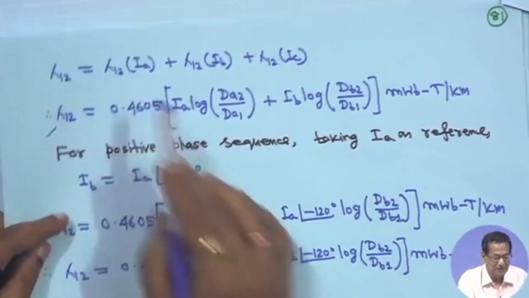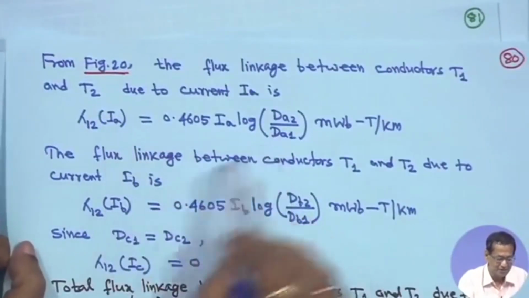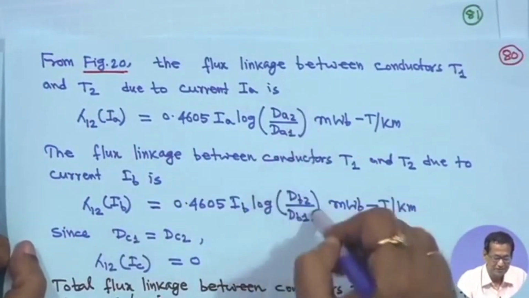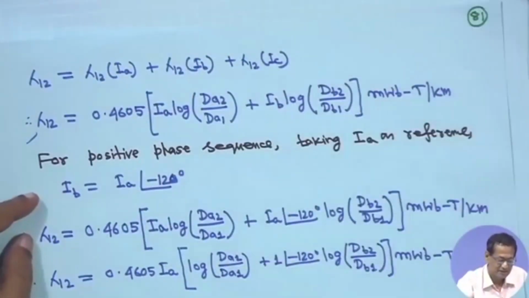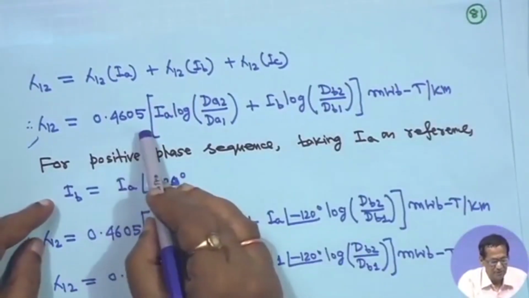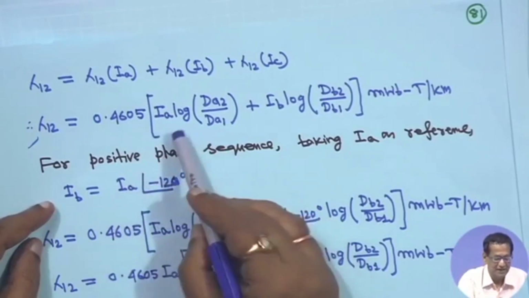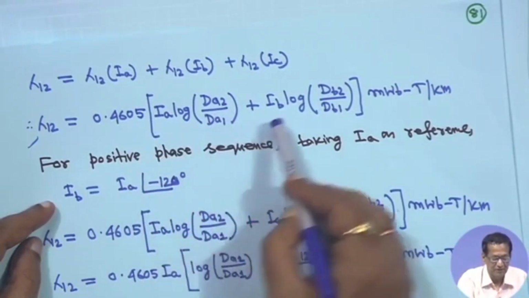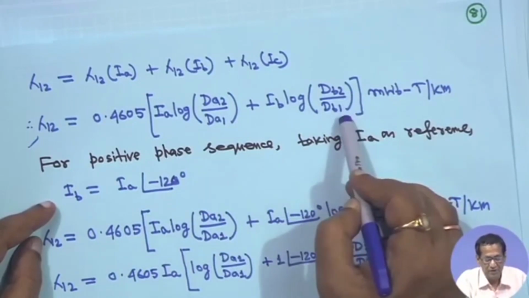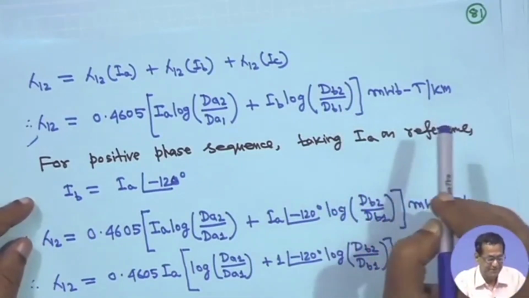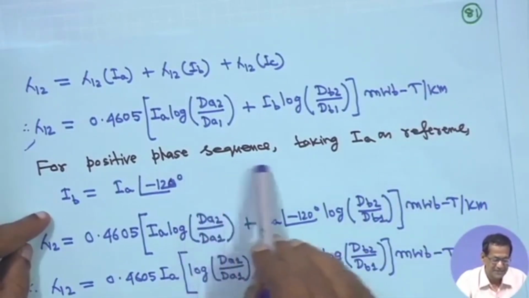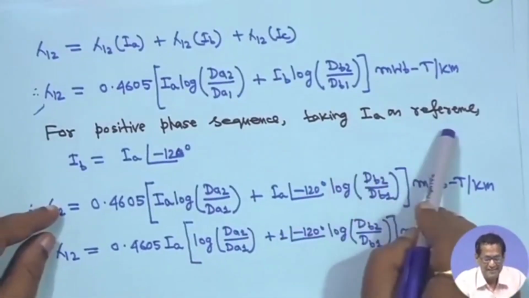You substitute these two expressions, and it will be 0.4605 in bracket IA log dA2 upon dA1 plus IB log dB2 upon dB1 milliweber turns per kilometer, right.